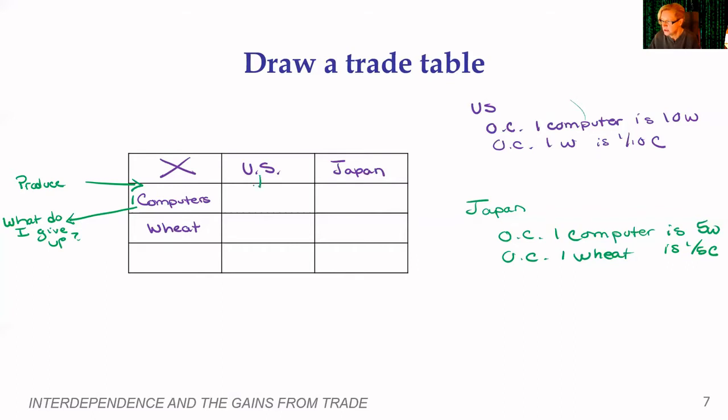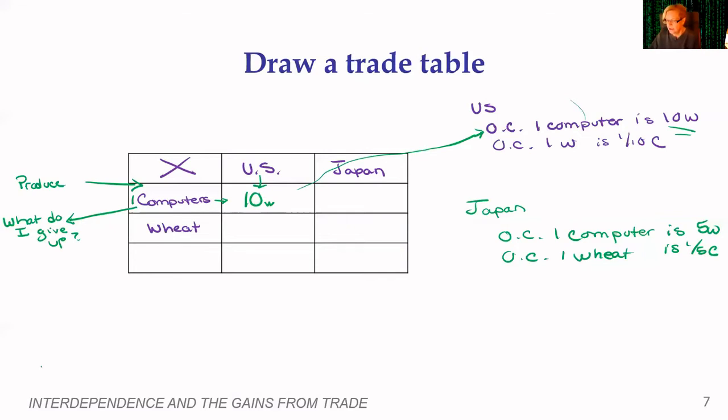So the US, every time I produce one computer in the US, what do I give up? Or what is the opportunity cost of one computer in the US? So to fill out this cell, I'm going to just go and collect this information. And every time I produce one computer in the US, I give up 10 wheat. So I'm going to go ahead and put a 10 there. And I'll just put a really small W because my focus is on that 10.